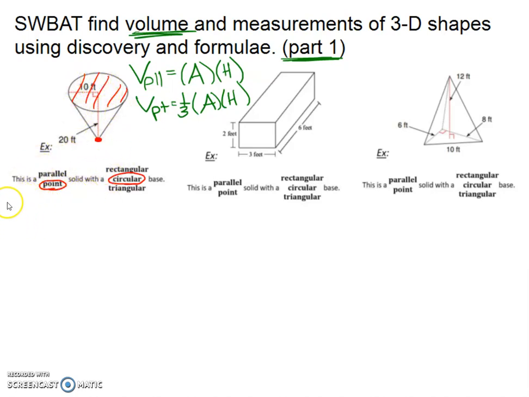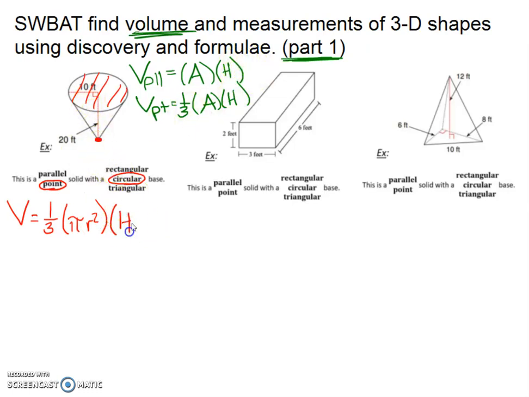So the volume of a cone, because it is a point solid with a circular base, point solids always start with a 1/3, and then times the area of the base, which in this case is the area of a circle, so that's pi r squared, and then times the height of the entire shape.